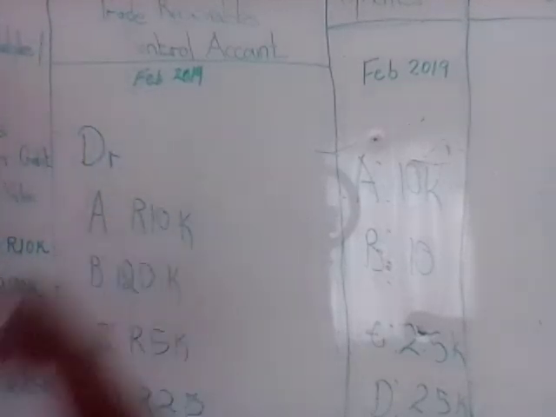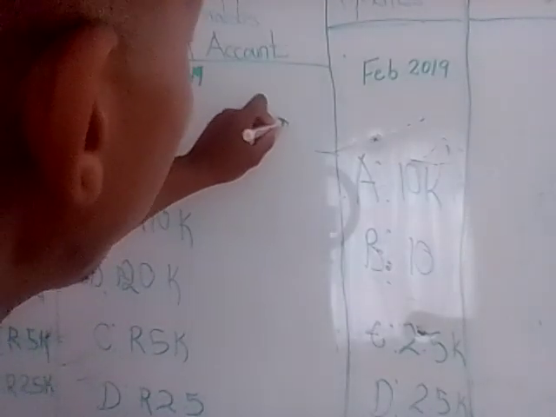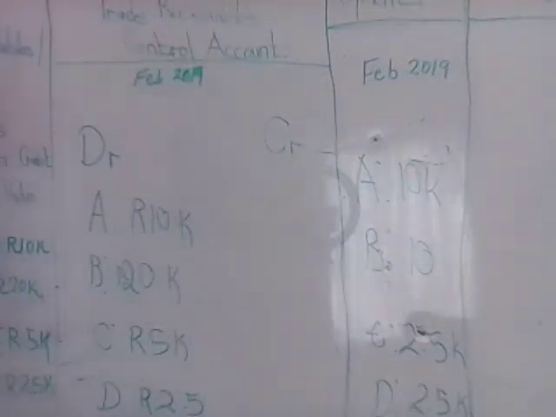So to remember what would now bring down the debtors account, it would have to be brought down by payments. That would be represented by a credit entry within the debtors account.